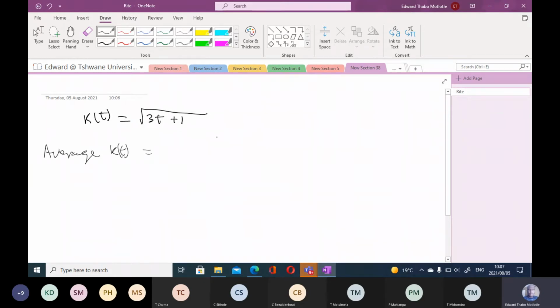It will be equal to k(t2) minus k(t1) all over t2 minus t1. And they said here t2 is equal to 5 and t1 is equal to 1.